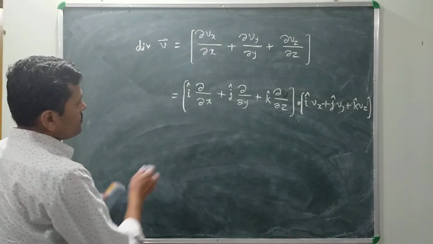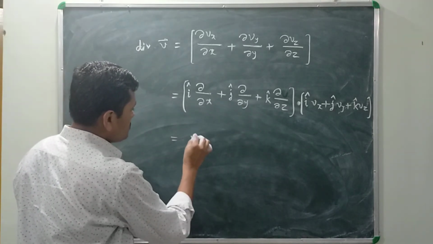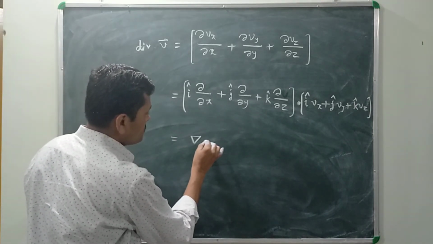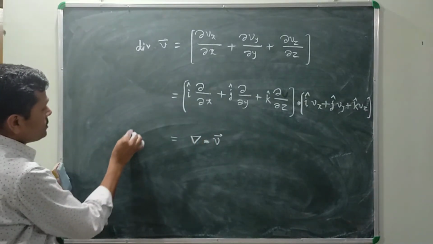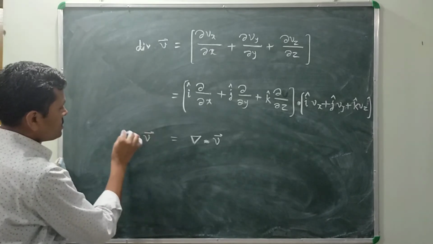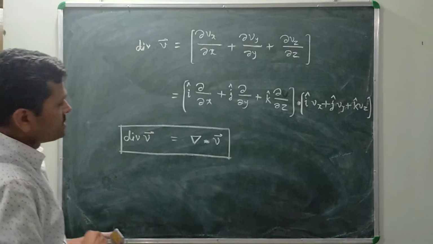What is this? This is the Nabla operator. So it is Nabla dot vector V. This is the divergence of vector V in Cartesian coordinate system.